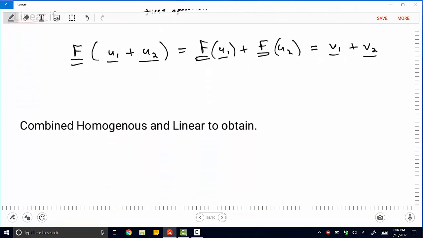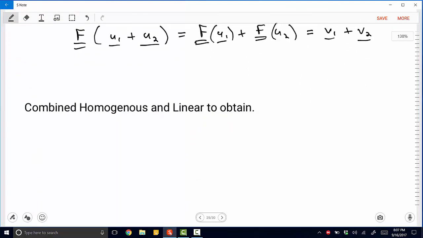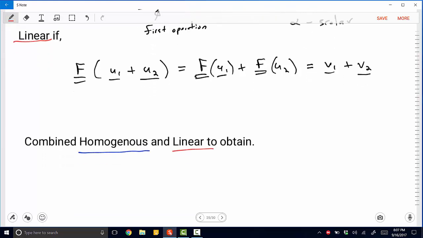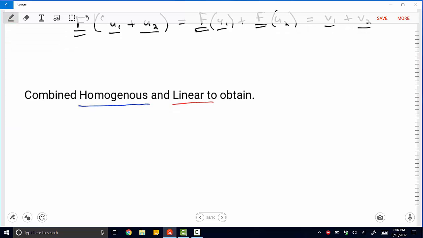Now, when we combine both the homogeneous nature as well as the linear nature of our tensor, we'll find the following behavior.